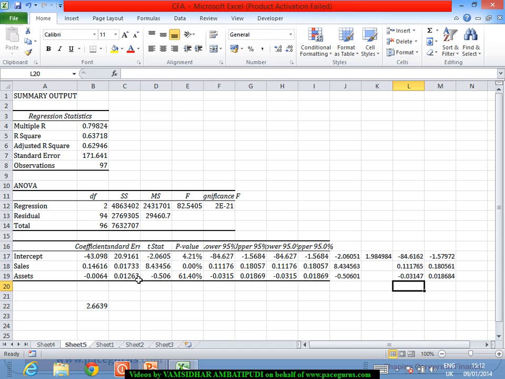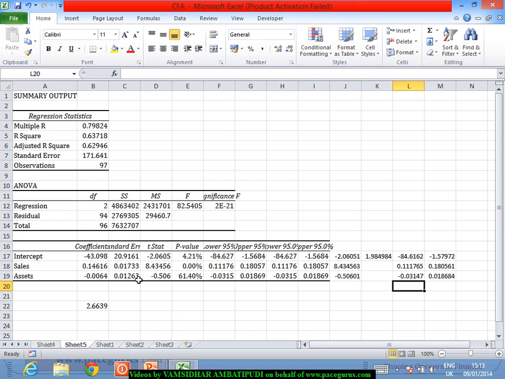And now, in this case, the coefficient of assets is not statistically significant, whereas for the sales it is statistically significant. Generally, if I find that the assets is not statistically significant, it is advised that I remove the assets and rerun the regression model, which would be similar to that of sales itself.